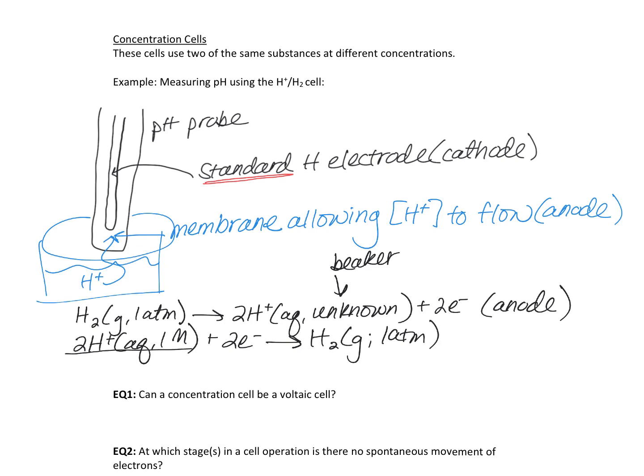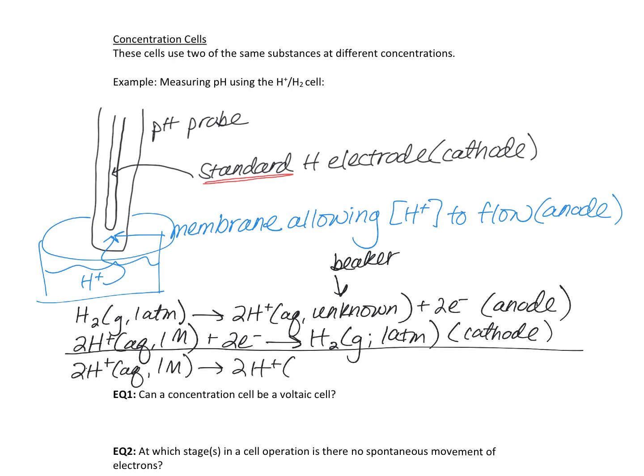If you take those two half reactions, and this one I didn't write down, but this is the cathode, and add them together, what you end up with is 2H plus aqueous, 1 molar, makes 2H plus aqueous, unknown.